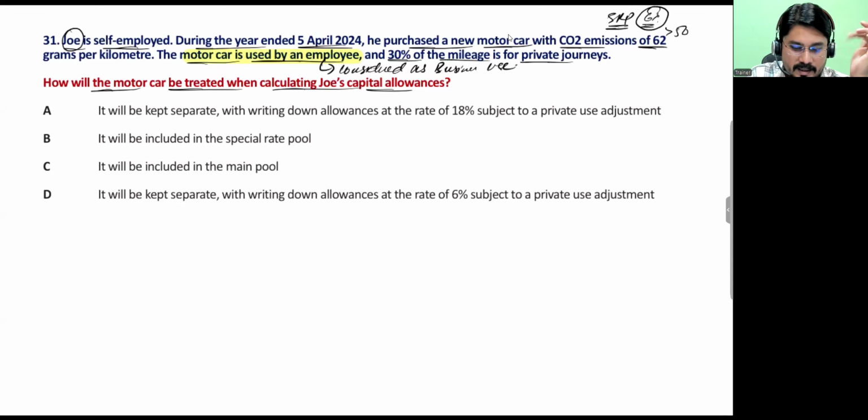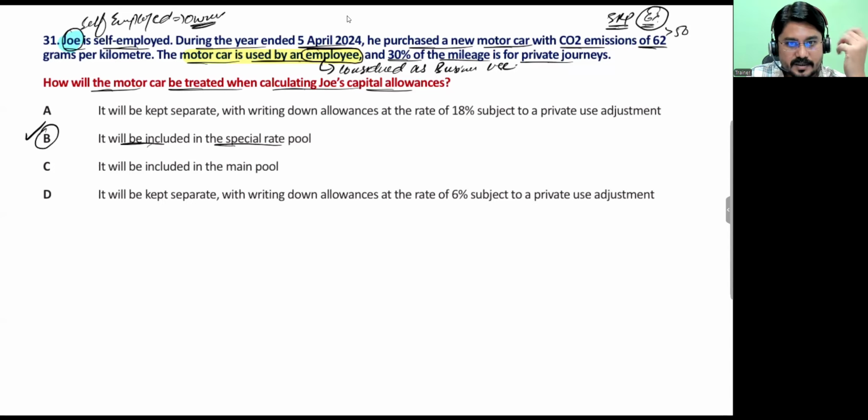A student who answers incorrectly thought that this car is used by Joe, the self-employed person and owner. If any asset is used by the owner, then it must be kept as a separate asset in the privately used asset column. But it is clearly mentioned that it is used by an employee, and employee use is considered business use. Based on this discussion, our correct answer is B. It will be kept in the special rate pool.